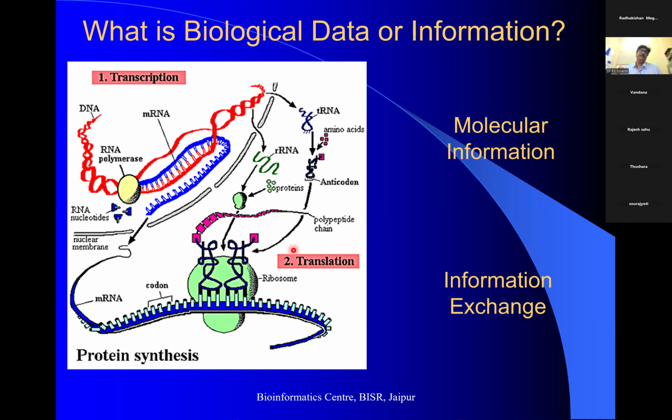DNA is basically an inert molecule; it doesn't participate directly in reactions, so it expresses itself through RNA. I told you what a genome is. The genome is the total genetic material present inside a cell.